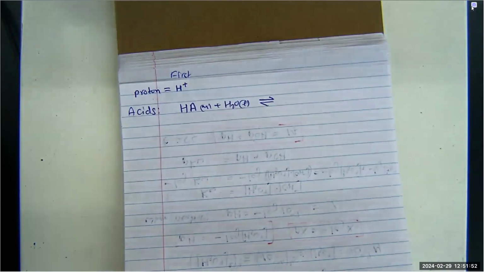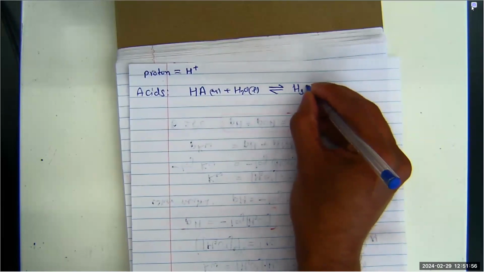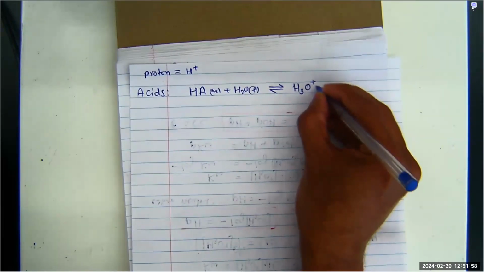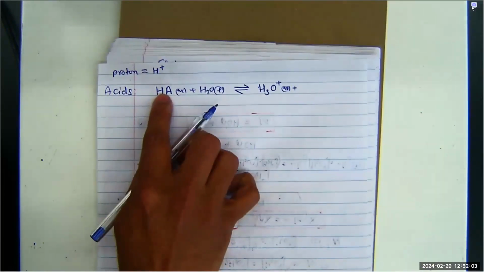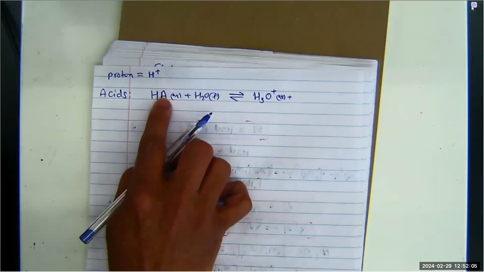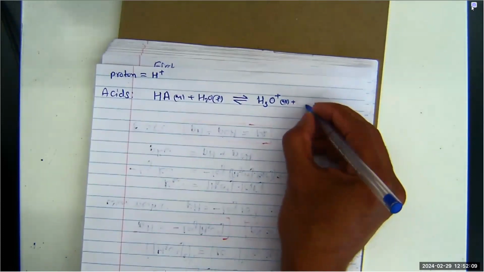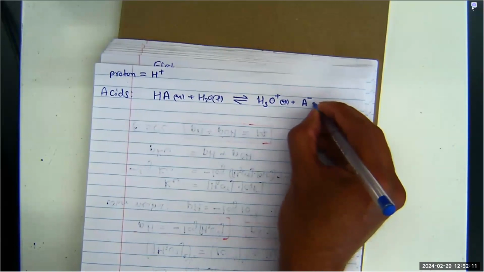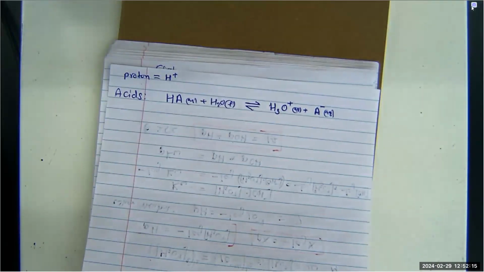Anyway, just a side story. Anyway, so that gives us protonated water or hydronium ions, plus this will have a negative charge now because the HA bond breaks towards A. As a result of that, we are going to get an A minus ion. Okay, and that's how the acids react with water.